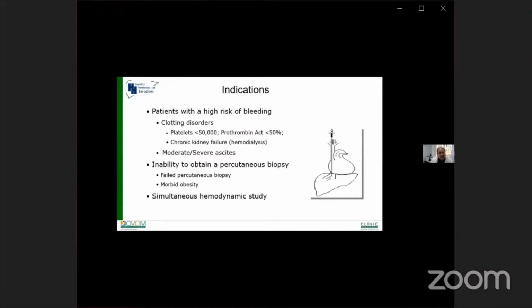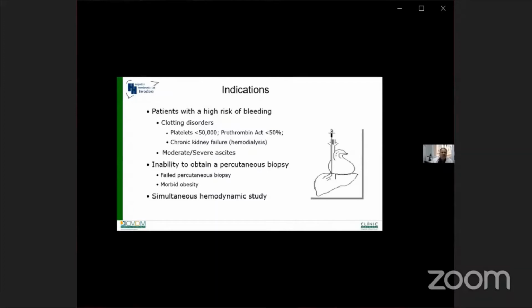I must say that regarding counts and clotting disorders, the paradigm is changing, and probably in very strict conditions we can use the percutaneous approach even with lower platelet counts than the thresholds I am mentioning here.